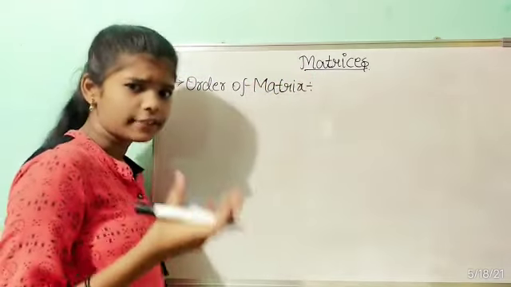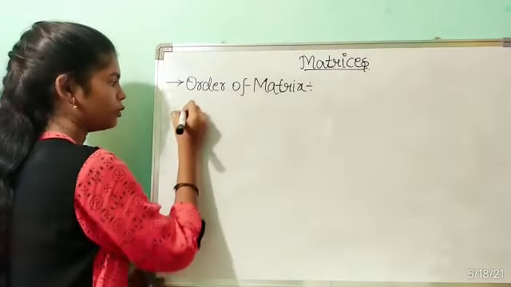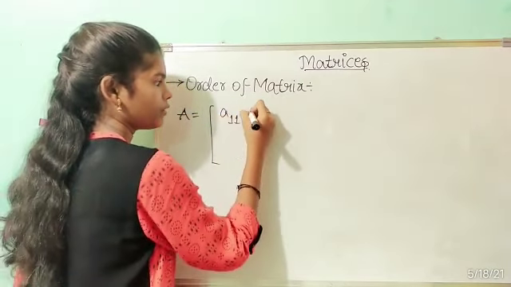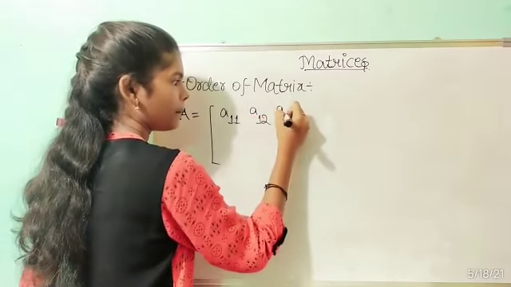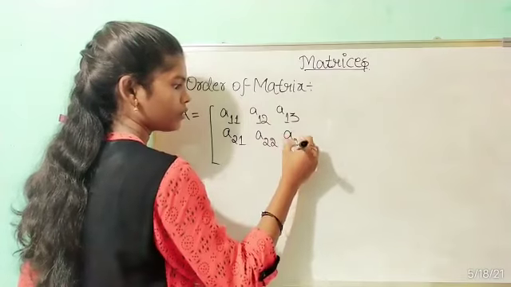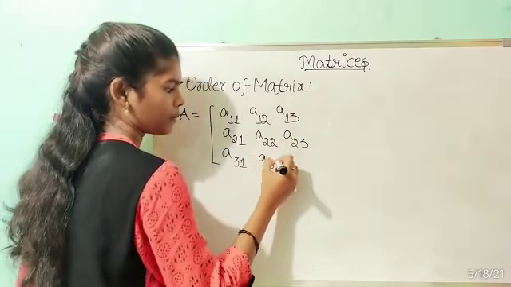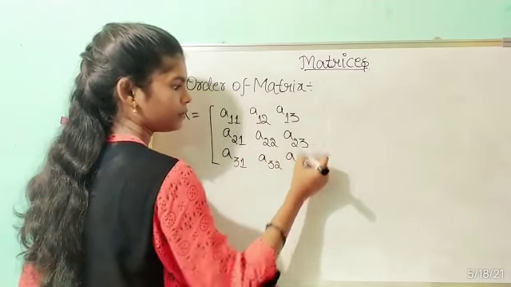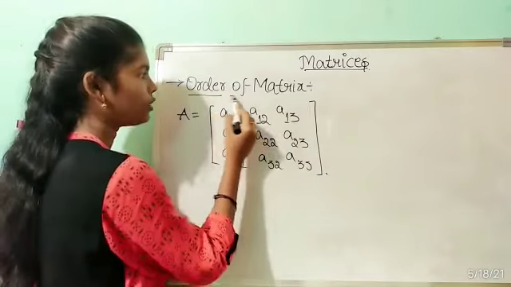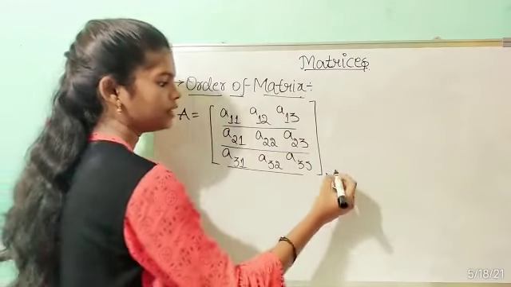Suppose if we are given a matrix, in order to find the order of the matrix, what we have to do? Suppose they have given a matrix. In this matrix, if you want to find the order of the matrix, how many rows are there? 3.